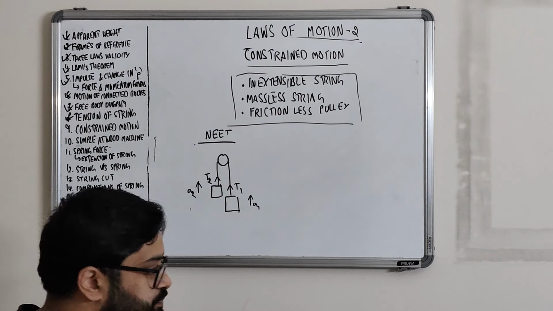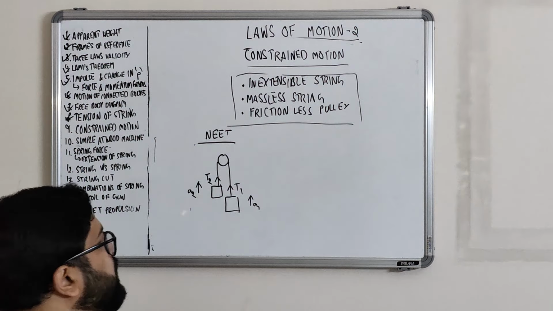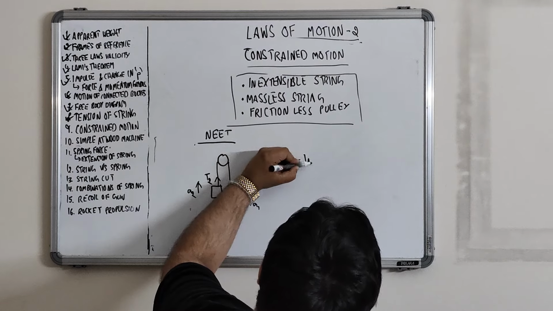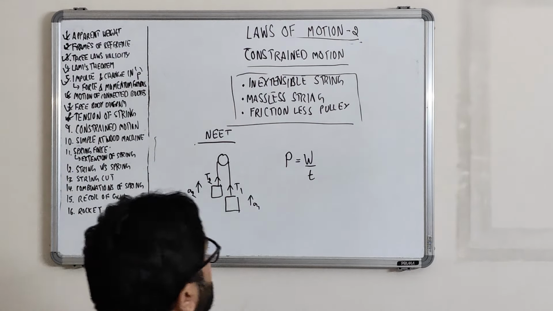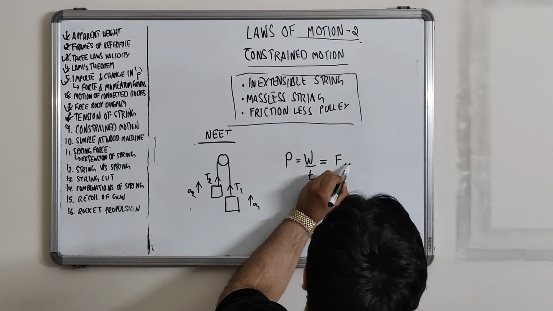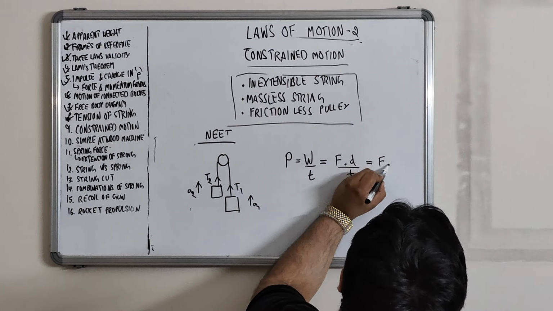Now, thinking about this, the formula for power is work done upon time, which is also equal to force dot displacement upon time, which equals force dot velocity.